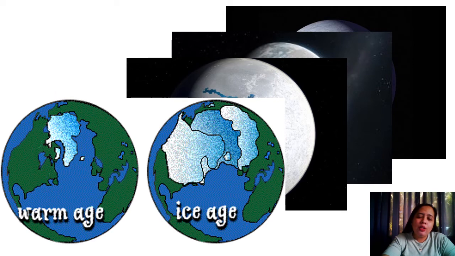Marami yan. So, may mga time na may tinatawag tayong warm age at may tinatawag tayong ice age. So, yung Earth natin, they oscillate: warm age, ice age, warm age, ice age.